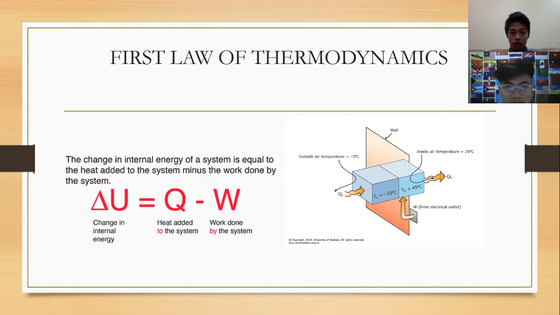On the diagram on your right, you can see a heat pump for the first law of thermodynamics. QC, which is heat in, represents the thermal energy taken from the outside air, which means that air will enter the heat pump.